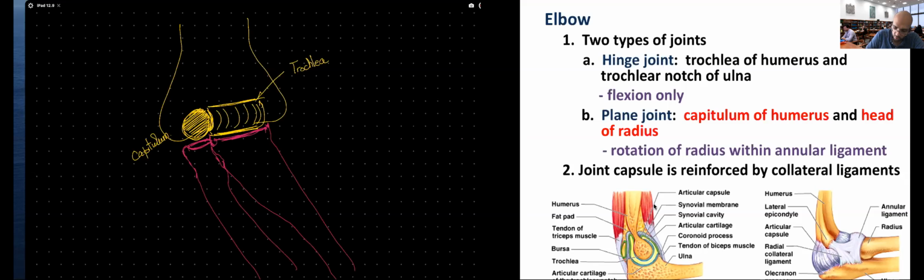So again, what are the two joints that are forming my elbow joint? I have the articulation between the trochlea of the humerus and the trochlear notch of the ulna, and the articulation between the capitulum and the head of the radius.